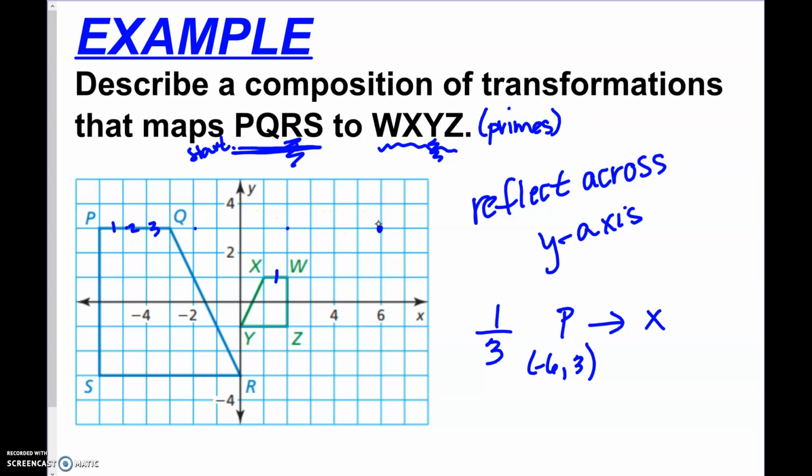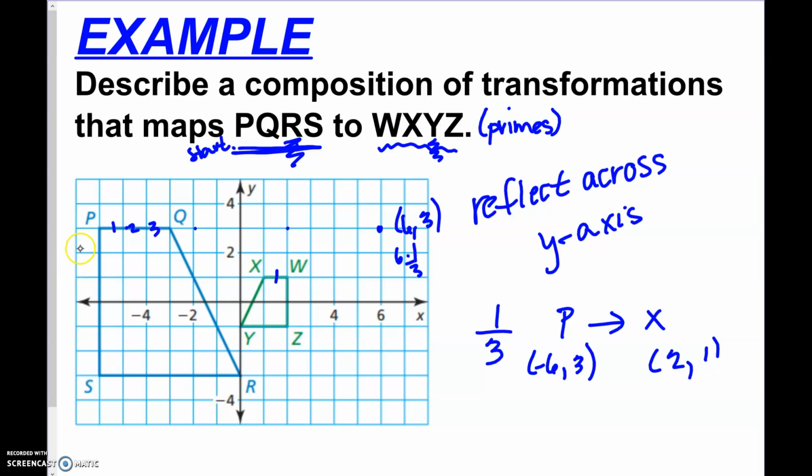But now we have to reduce its size. So this becomes a +6, +3. Now we have to multiply by 1/3. So 1/3 times 6 is going to be 2, and 1/3 of 3 is going to be 1.